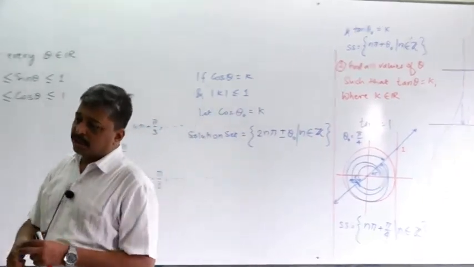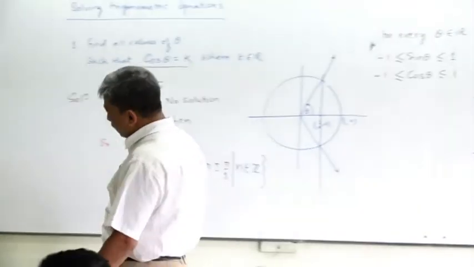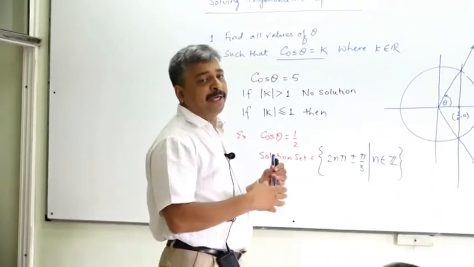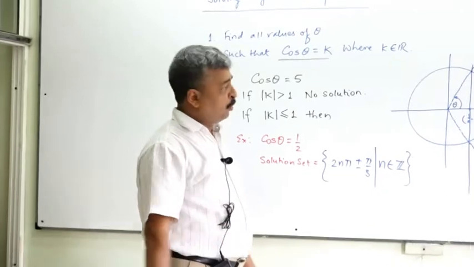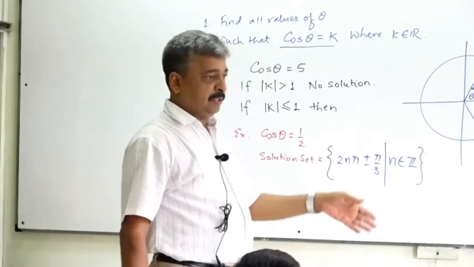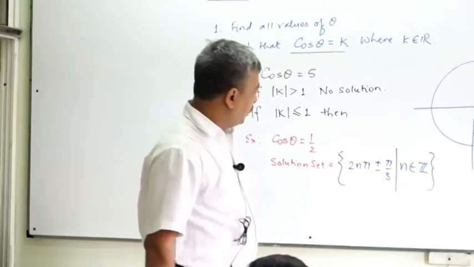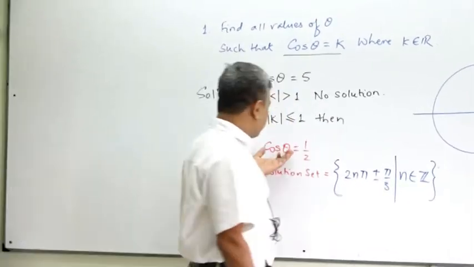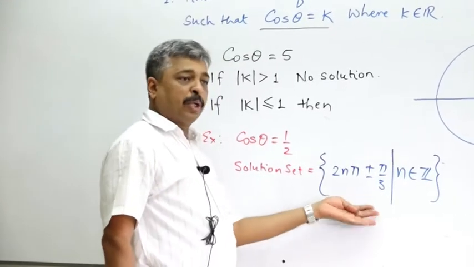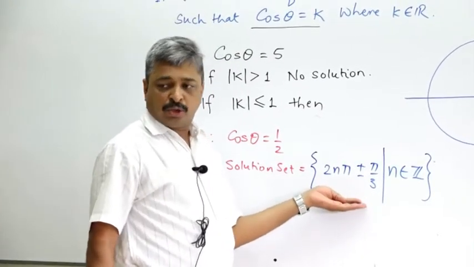Now these solution sets we are understanding how to find out, but you cannot afford to spend time while solving a problem. Therefore, for cos, for tan and for sin, we must remember this. The moment you get cos theta is equal to something, next moment you should be able to write down this general solution set.